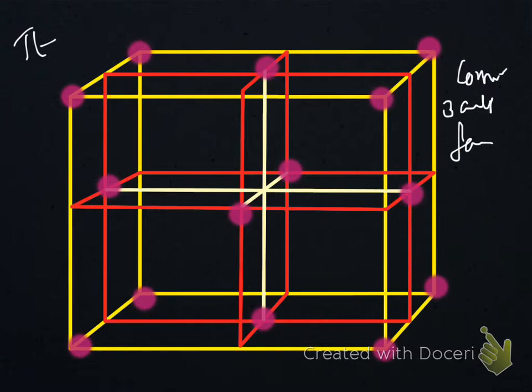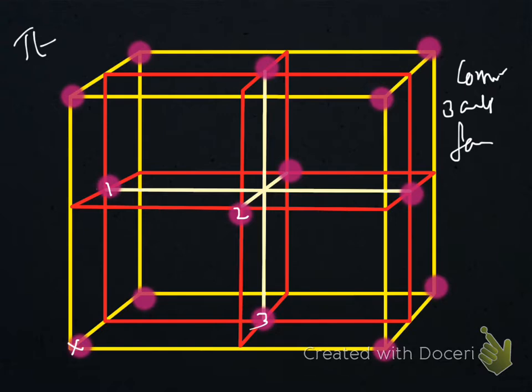Suppose you are taking this one. This is a corner particle. What are the adjacent face centers? Left face center, that is 1, front face center, that is 2, and bottom face center, that is 3.